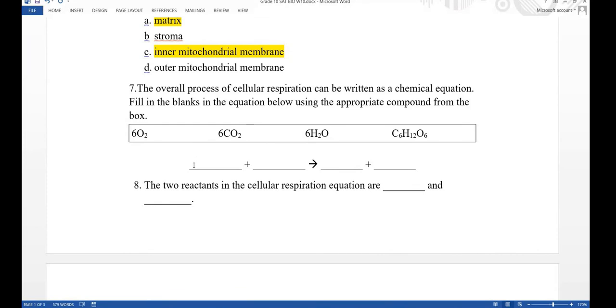So we will write first 6 oxygen plus glucose, which is C6H12O6. It gives rise to carbon dioxide and water. Very good, 6 carbon dioxide and 6 water molecules. That's it.